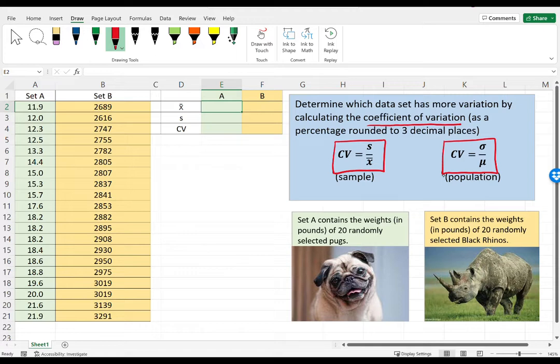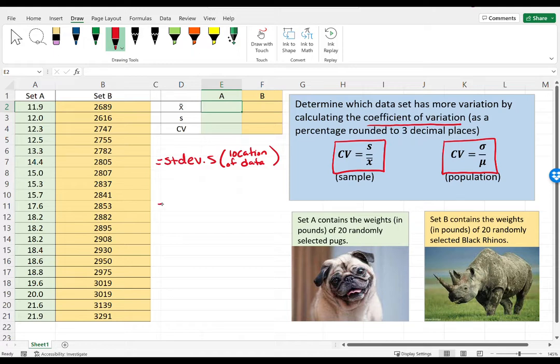So we need two things. We need the standard deviation. In Excel, that's equal STDEV.S for sample standard deviation, and then in parentheses, the location of the data. And then we have to divide that by the mean.